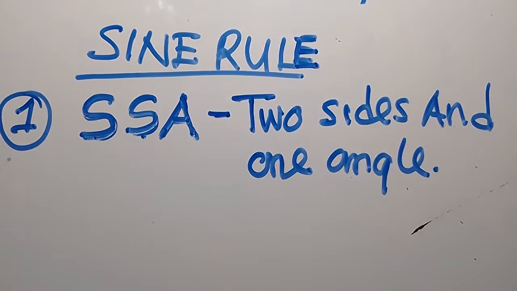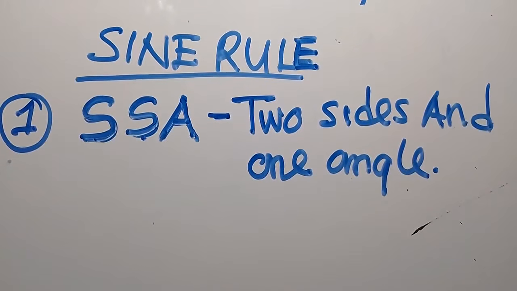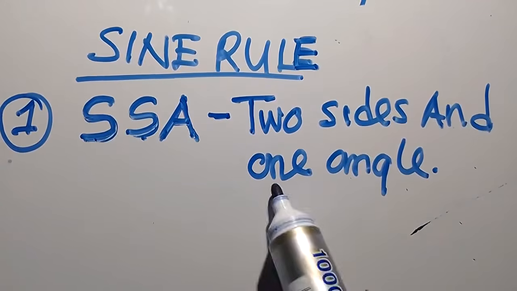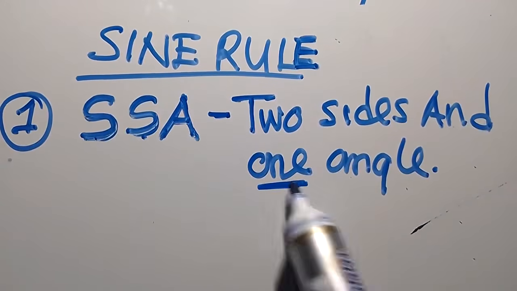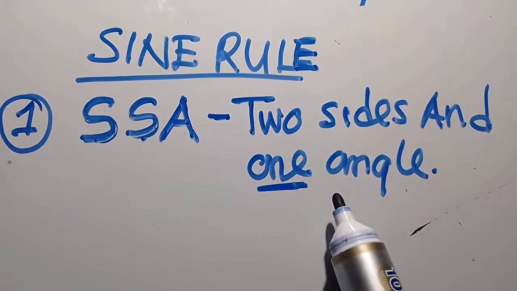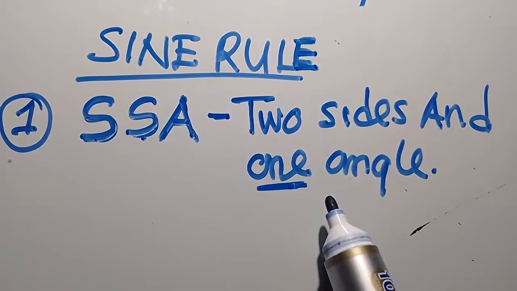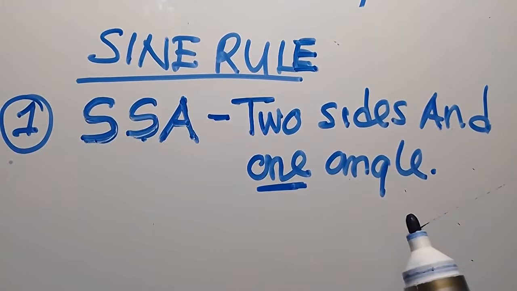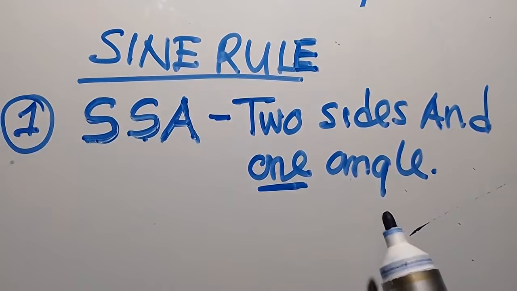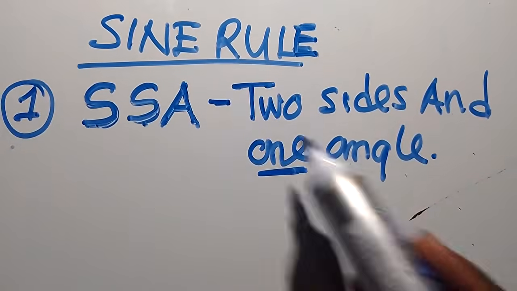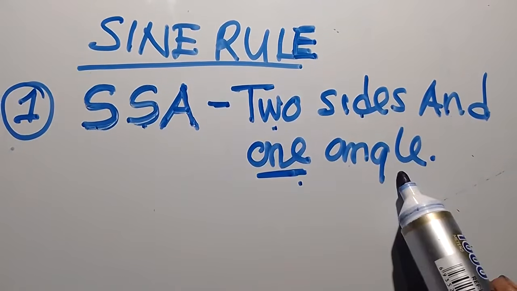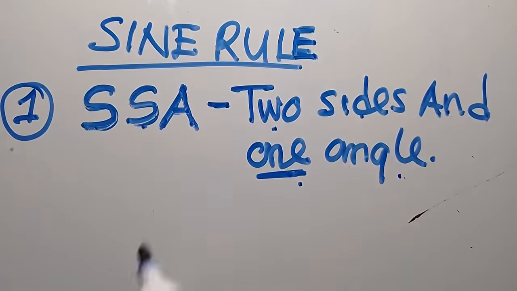This one is just straight: two sides and one angle. And the angle should not be in the middle. Once the angle is in the middle, remember the cosine law. So with two sides and one angle, you are supposed to use the sine law.